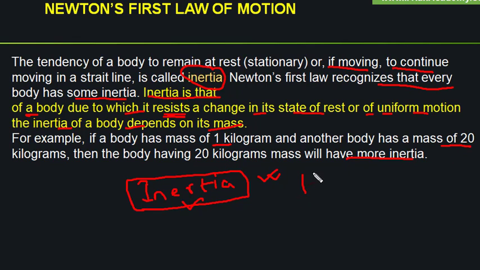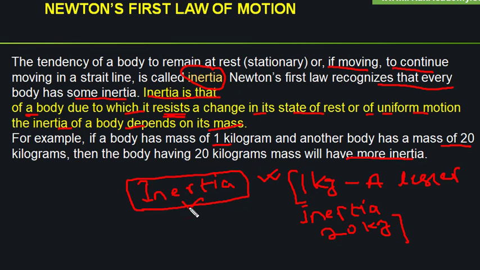So for example, a 1 kg body will have lesser inertia compared to a 20 kg body. Okay, so you understood the term inertia. Inertia is a property of a body which resists any change in its state of rest or uniform motion. And this term came out of Newton's first law of motion.